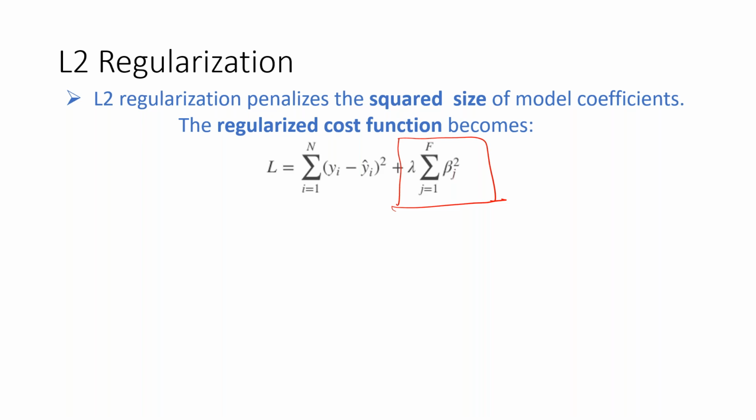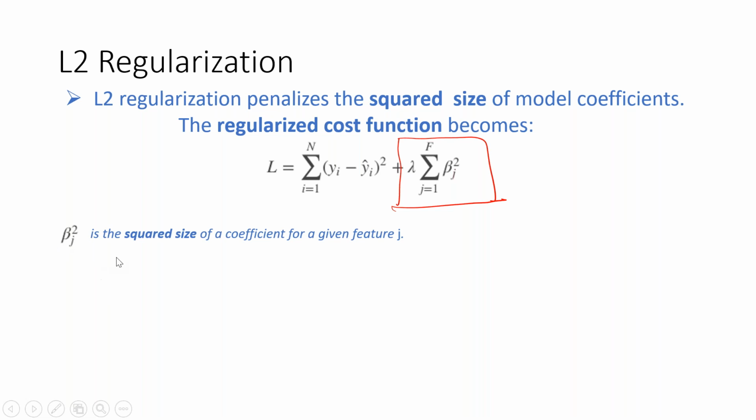So we will not remove any particular feature, because no beta will ever become 0. They will be small values, but they will be there. By adding a very high lambda, we can make some features irrelevant but not remove them. That is what we call dampening, or shrinking the impact.